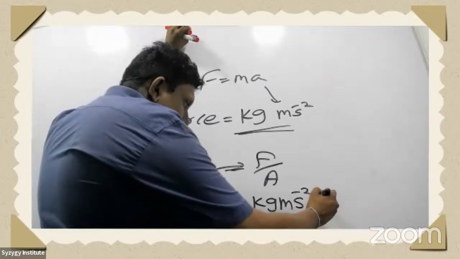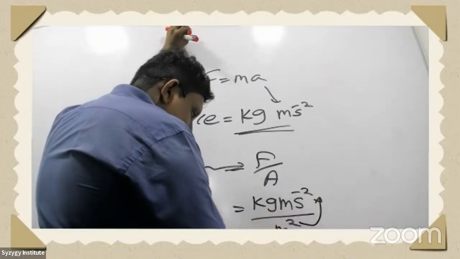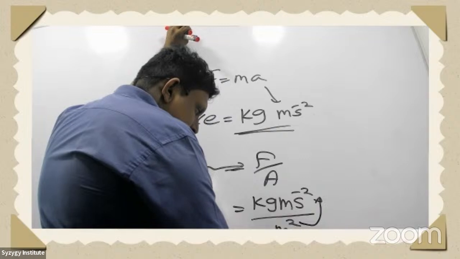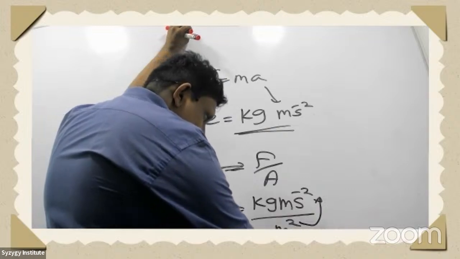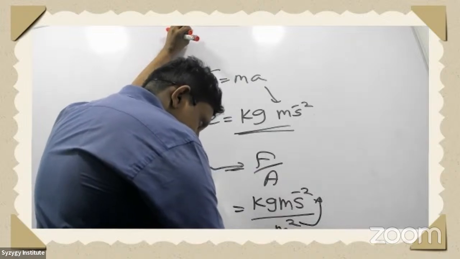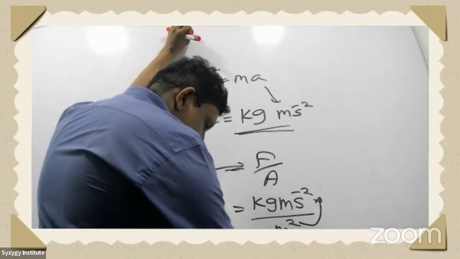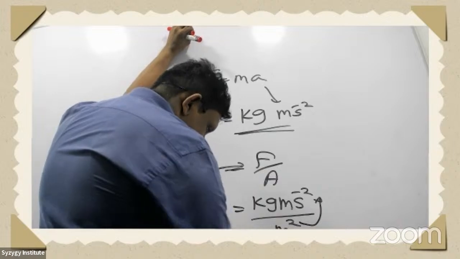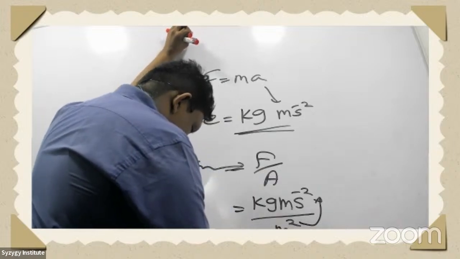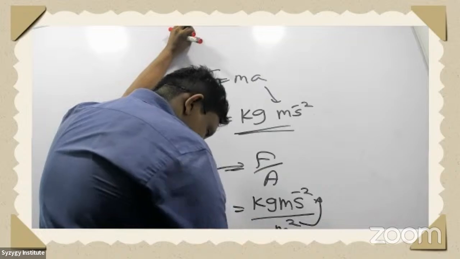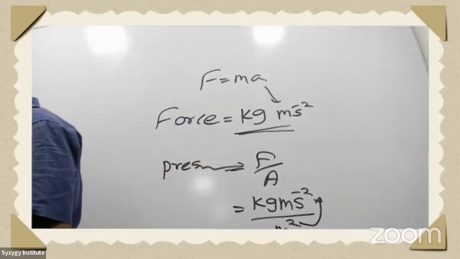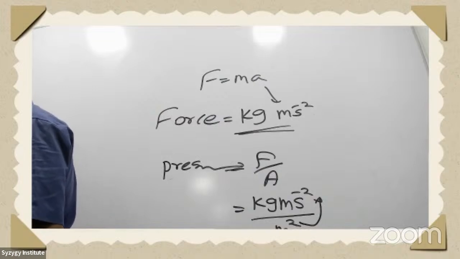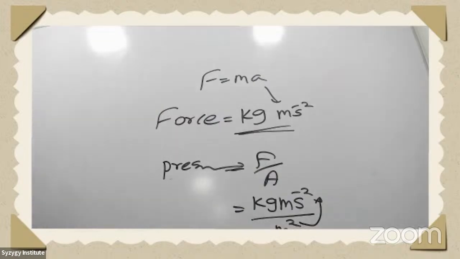When you take m squared to the upside, you can write kg m minus 1 s minus 2. Clear? Okay.